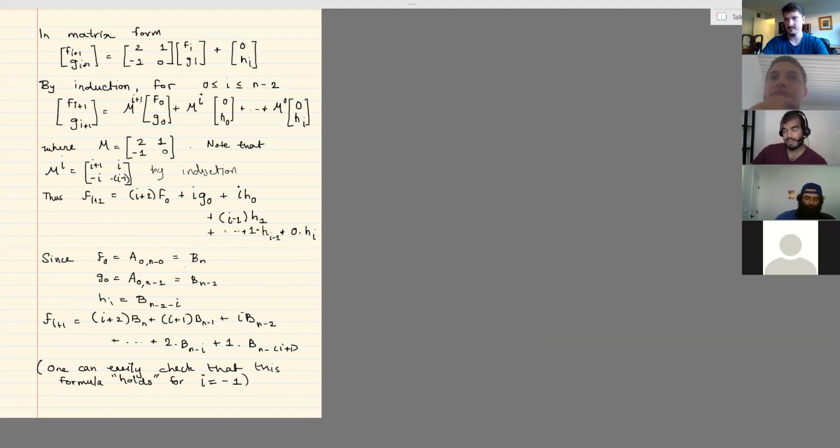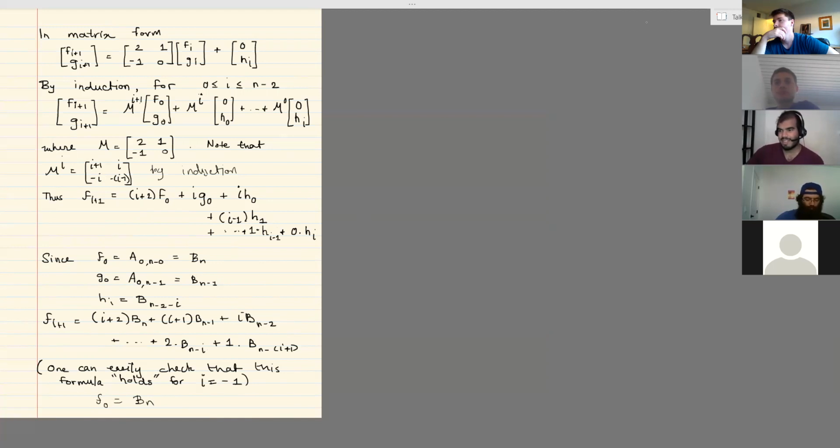But since F naught was B_n, the leading coefficient at the zeroth stage, and G naught was the penultimate coefficient at the zeroth stage, and H sub I is defined in this manner, we have that F sub I plus 1 actually has this really nice form, right? And one can easily check that this formula also holds for I equals -1. I mean, it's basically this F sub 0 is equal to B to the N.